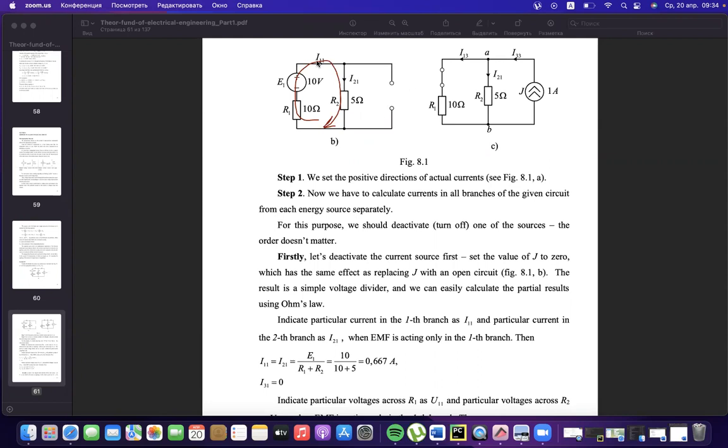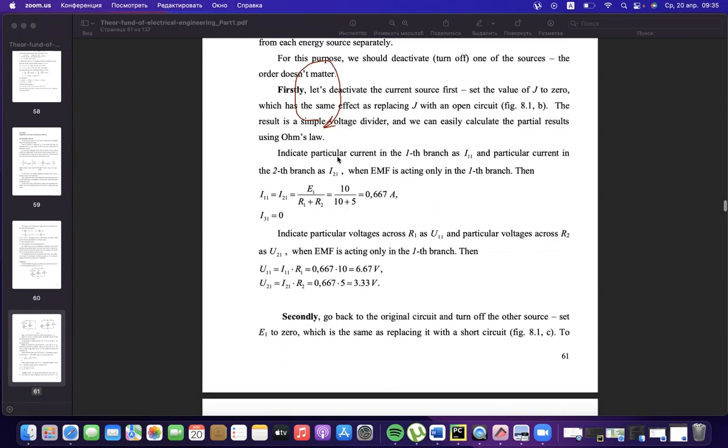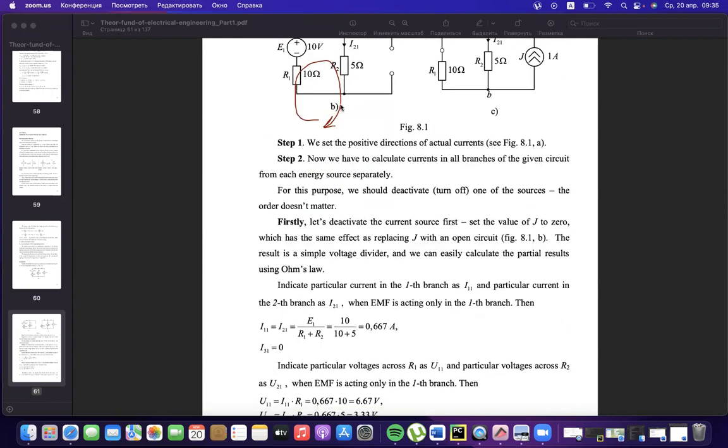The last current equals 0. Both currents I11, I21 are the same, 0.67. And we solve the picture number B.